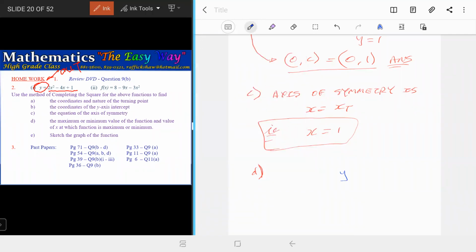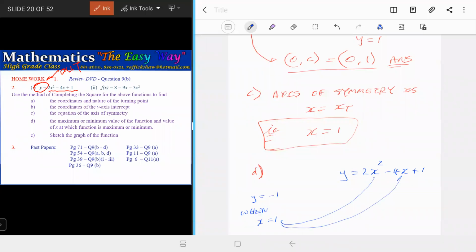Remember that the function is y equals 2x squared minus 4x plus 1. And I'm saying that the y is equal to -1 when the x is equal to 1. And I can prove that. This is the xt value, and this is the yt value, so I can plug it into the formula.